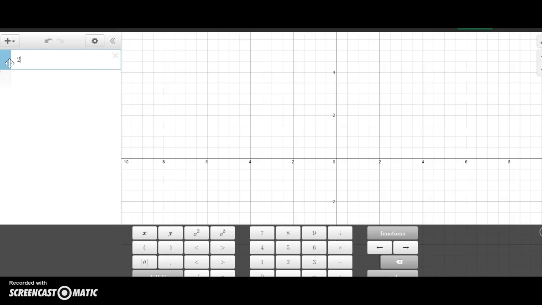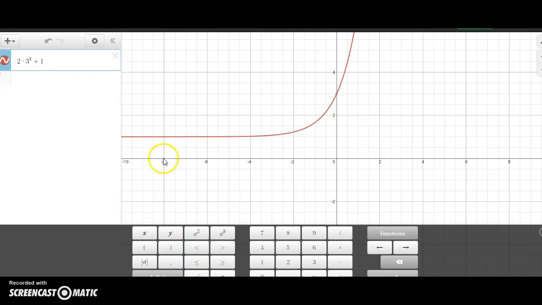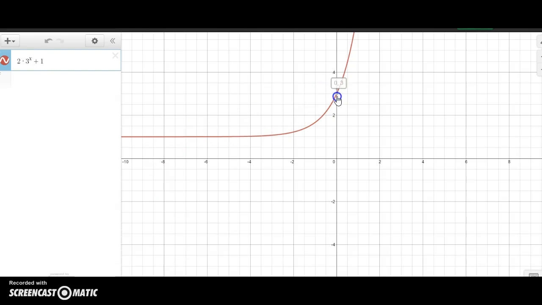No. 2 times, what did I say? Times 3 to the power x plus 2. I'm kidding. Plus 1. Is that right? I don't trust myself. 2 times 3 to the x plus 1. What's that look like? Does that look like this? Is that what I had originally?